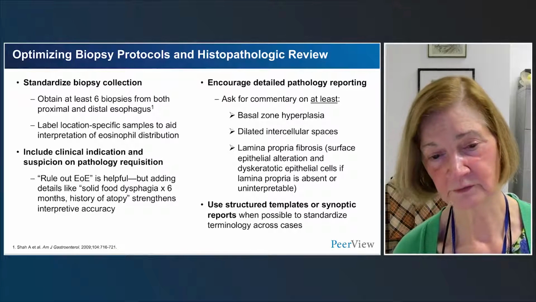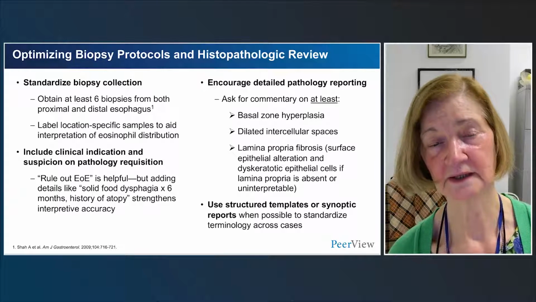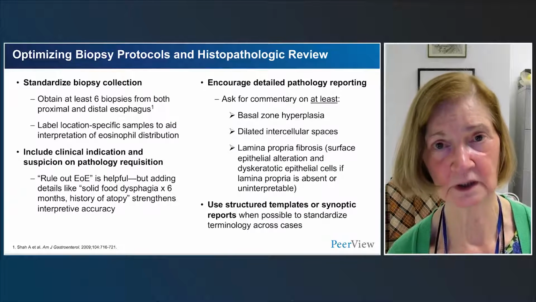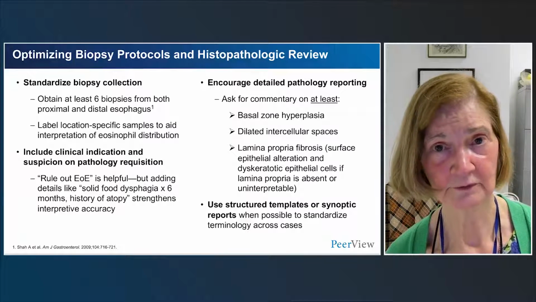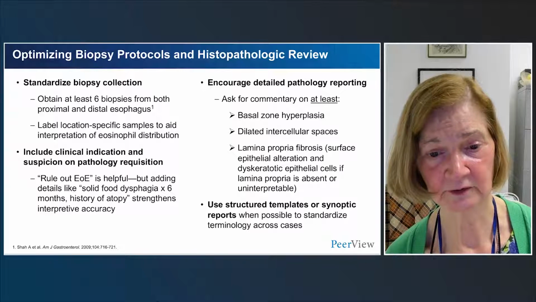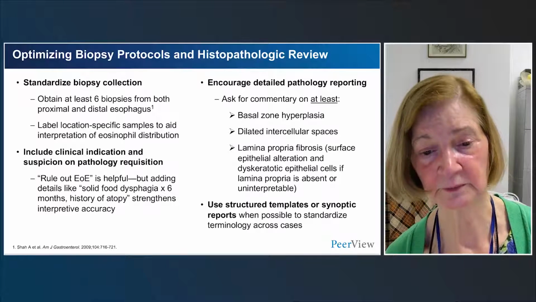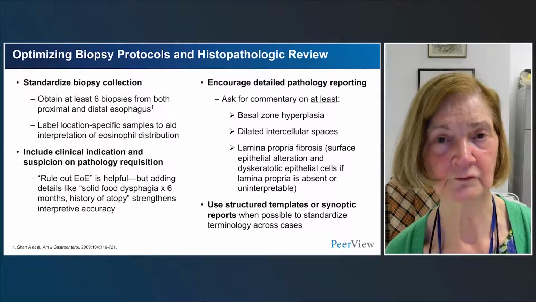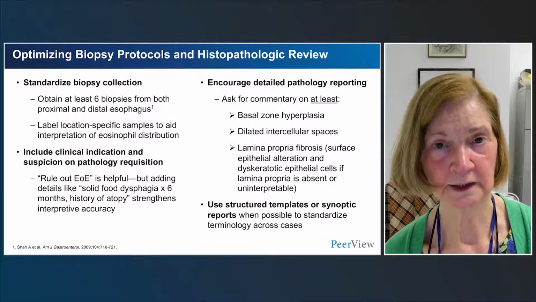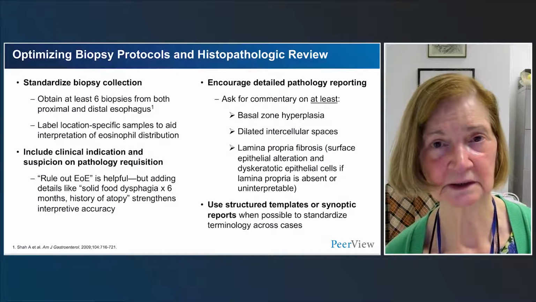I've just gone through the EoE-HSS. It's a good thing for gastroenterologists to ask for those abnormalities to be evaluated, especially basal zone hyperplasia, dilated intercellular spaces, and lamina propria fibrosis. The whole formal scoring doesn't have to be done clinically.